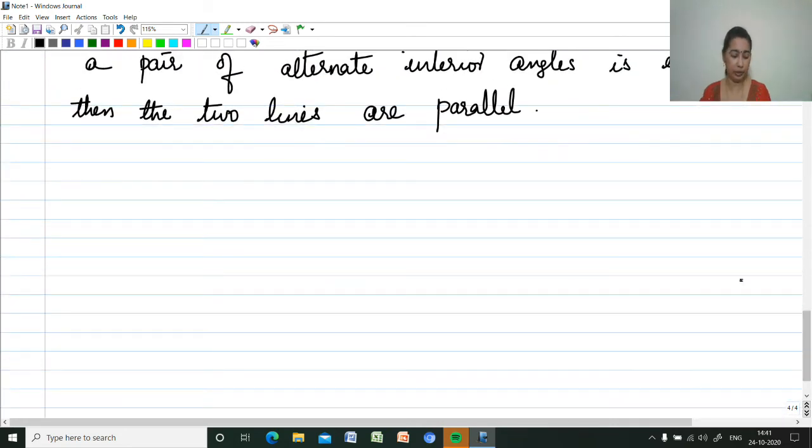Now next one, if a transversal intersects two parallel lines, then each pair of interior angles on the same side of the transversal is supplementary.